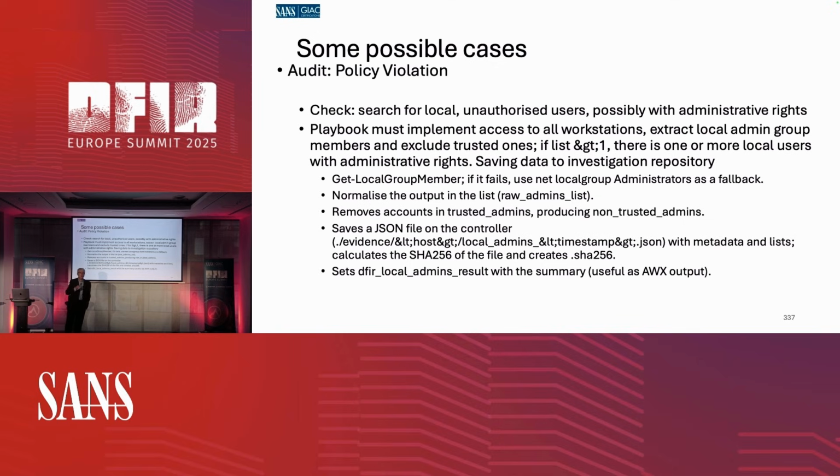We can do this for all the systems. It happens, not so often, that a sysadmin creates a local user with administrative rights. This is a security problem, and finding that is very important.